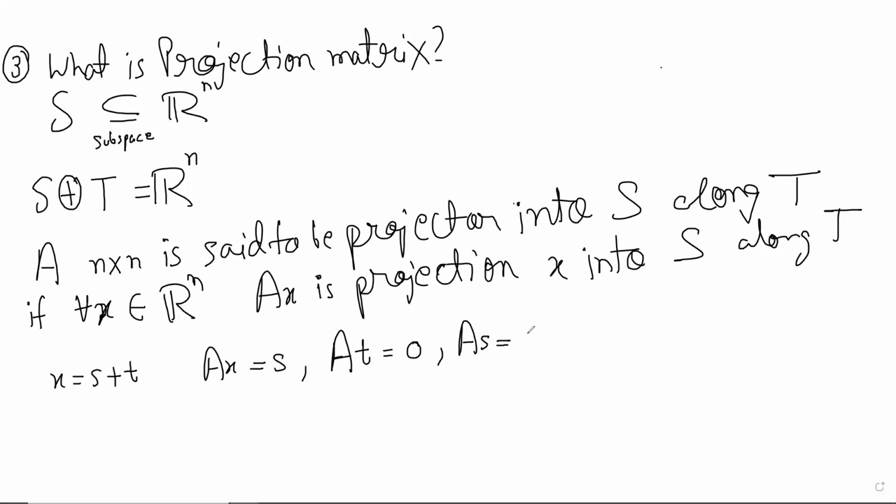So vectors that are in S, it doesn't change them. Vectors that are in T, it sends them to 0. And vectors in general, it just splits and returns the S part. This is what I feel is the definition.